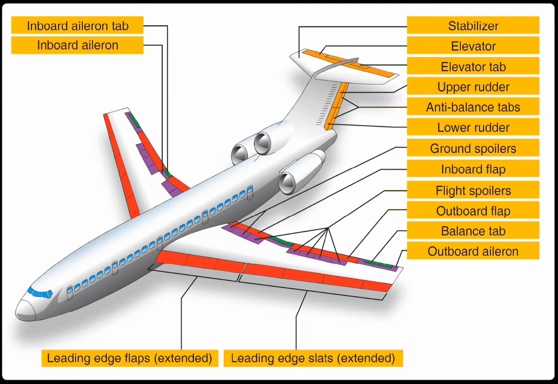It's not a fixed linkage. What is a trim tab? Auxiliary control attached to the trailing edge of a primary control surface, reduces the workload on the pilot.